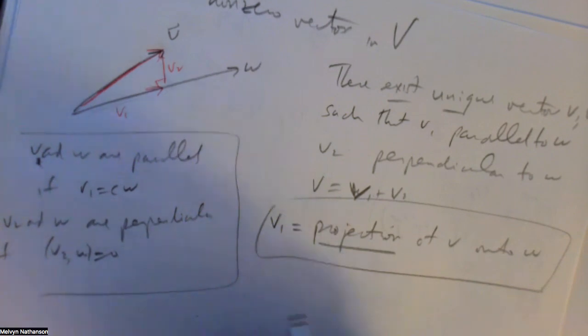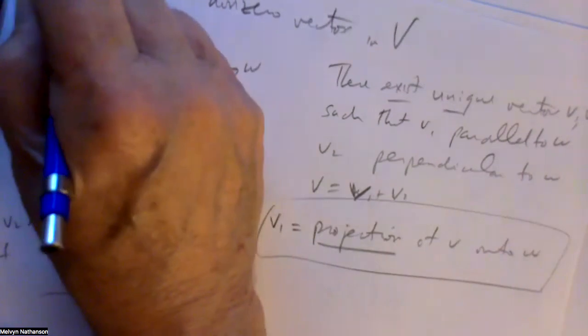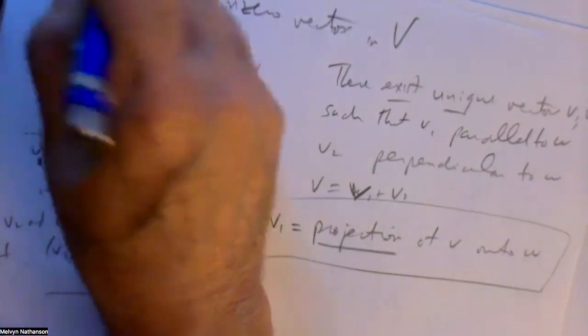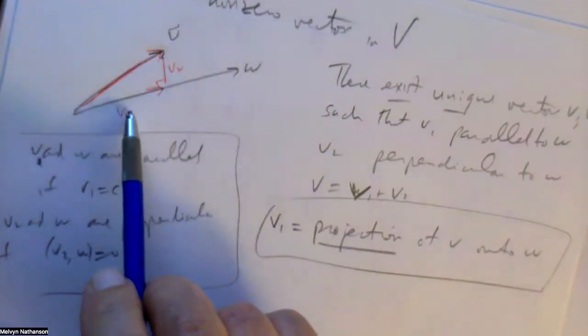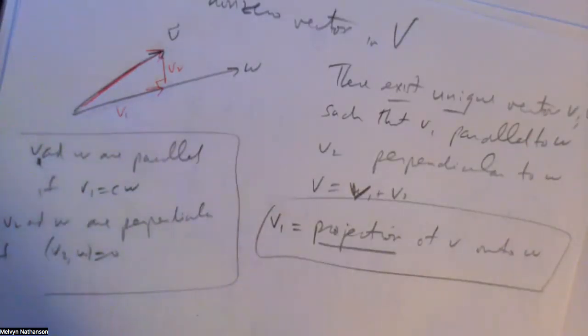How do we do this? So this is a construction. This is a lemma, if you like. But I'm actually going to give a formula for how you write down these vectors V1 and V2.